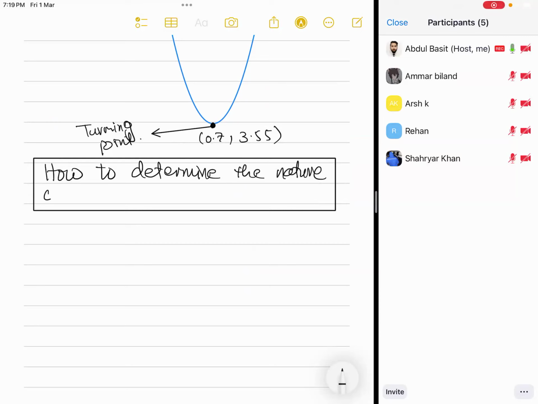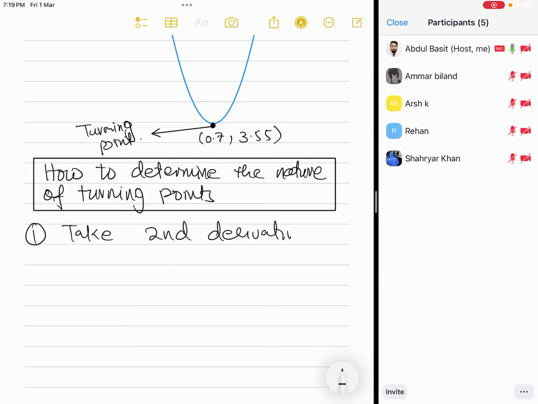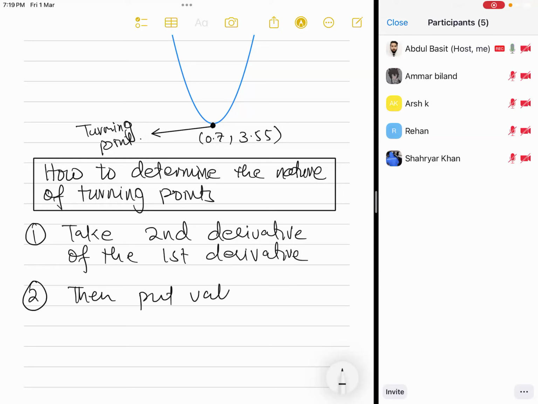First, take the second derivative, that is, the derivative of the first derivative again, okay? Step 2 would be to put the values of the x coordinate in it.